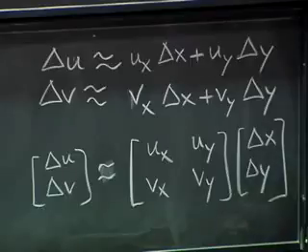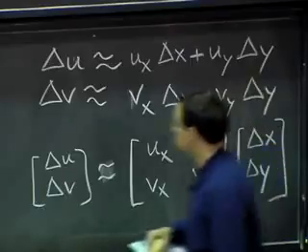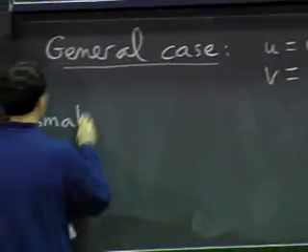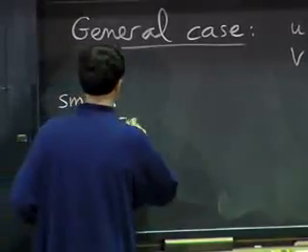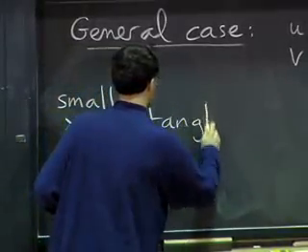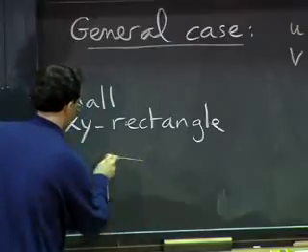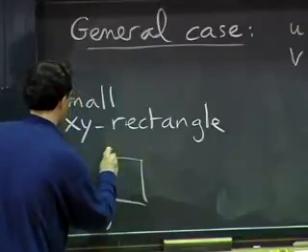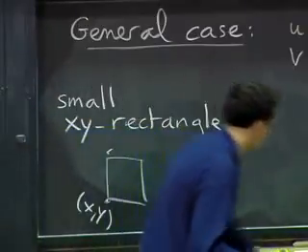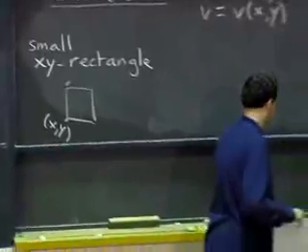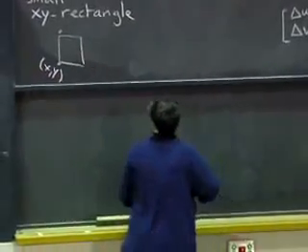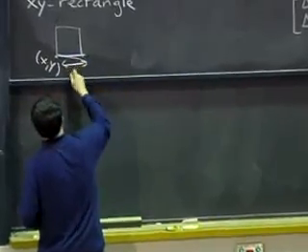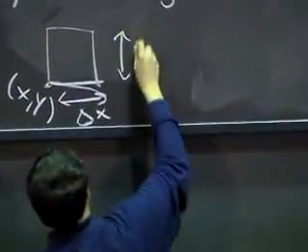So if we look at that, what it tells us is that if we take a small rectangle in xy coordinates, so that means we have a certain point xy, and then we have a certain width, I have my width delta x, I have my height delta y.